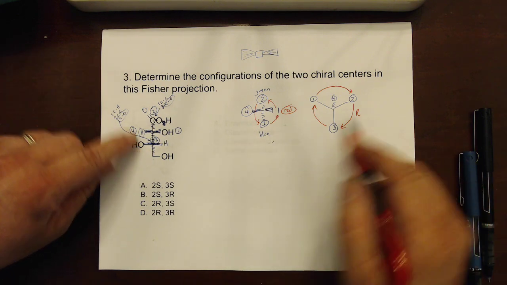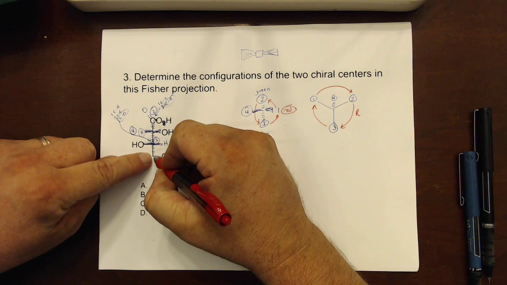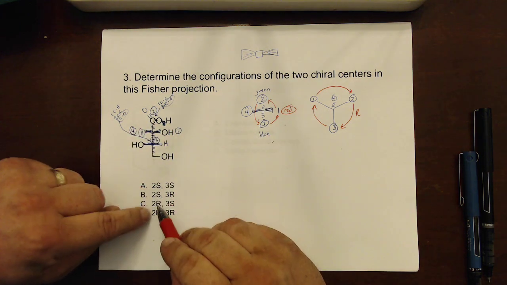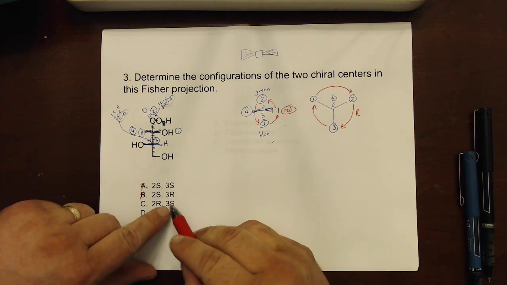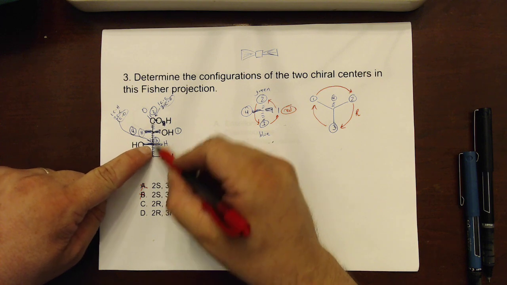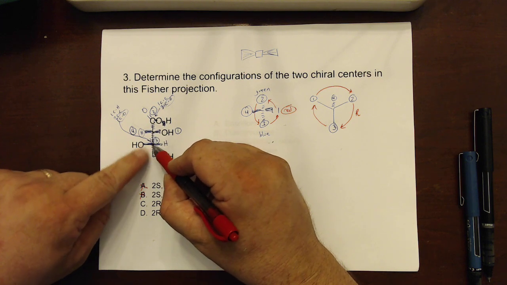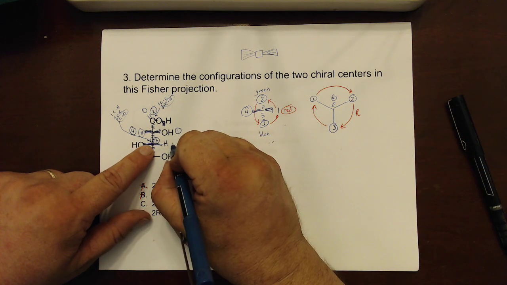So we know that this one here is carbon 1, carbon 2, carbon 3, carbon 4. So at carbon 2, it's going to be the R. So we can get rid of these two. So now we just need to figure out this guy. Here we've got a carbon, oxygen, hydrogen. Right? So this is going to be 4.